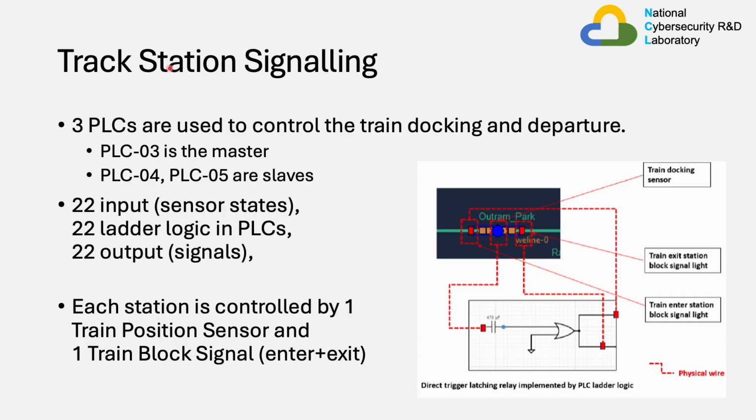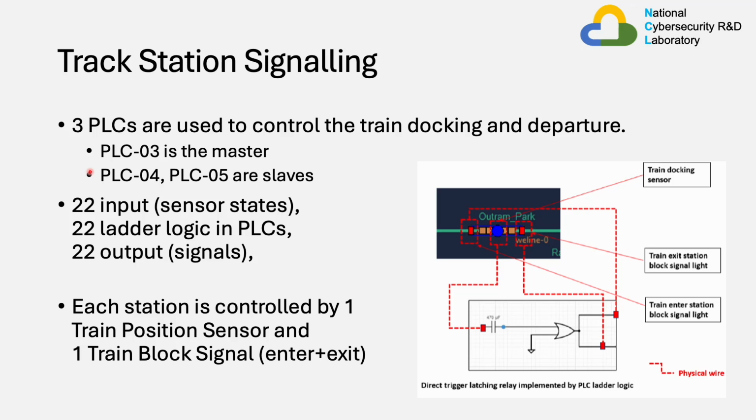Now, for the PLCs that control the train stations, there are three PLCs used, where PLC 03 is the master, and PLC 04 and PLC 05 are the slaves. These PLCs control if and how long the trains dock at the station and their departure.